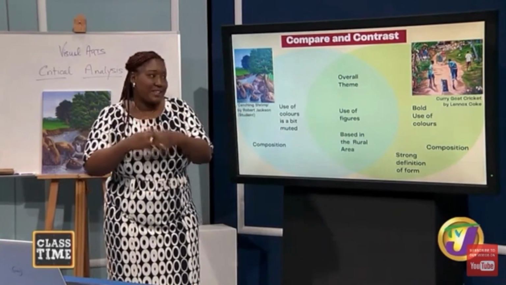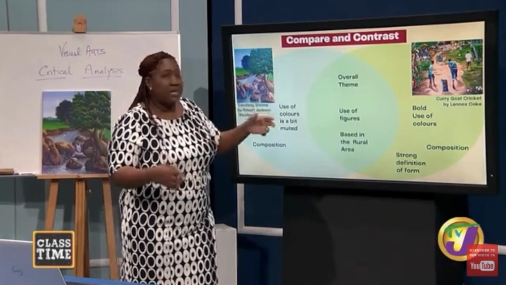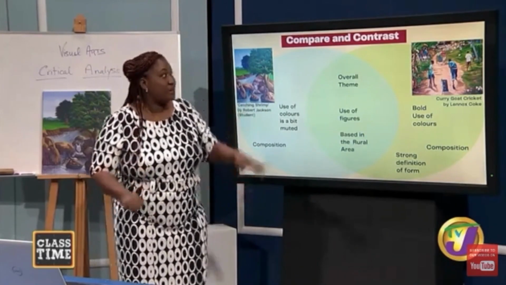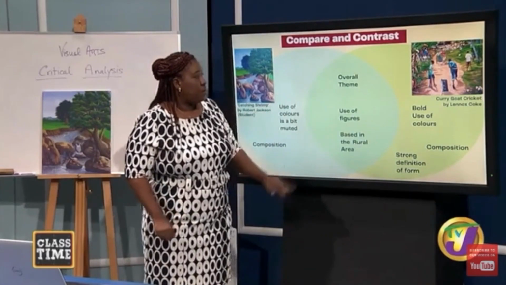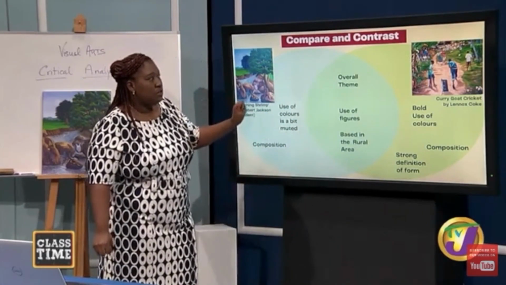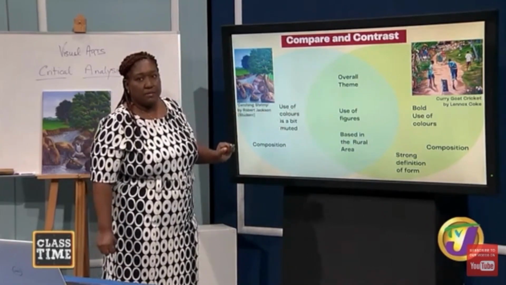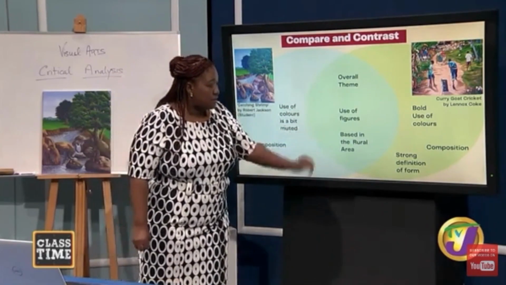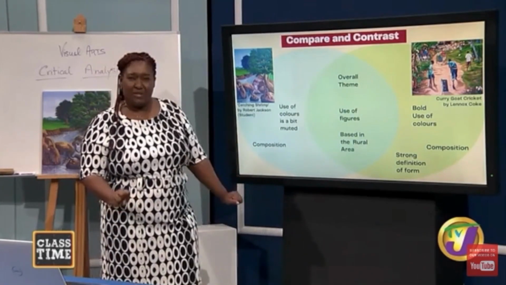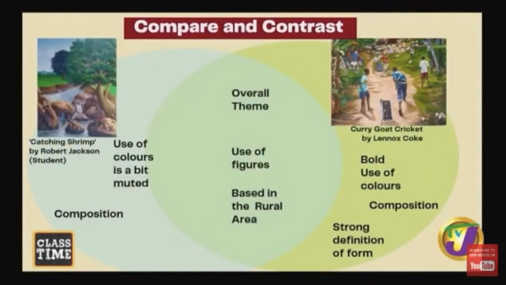It actually works, and showing the activities of him being a boy living in the rural area, that actually works. So that is similar. Use of figures, definitely. He's using figures in the work just like Lennox did. It is based in the rural area, as we said before, the country area. Yes, they have a lot of stories to tell in the country areas, you know. Listen to them very often.